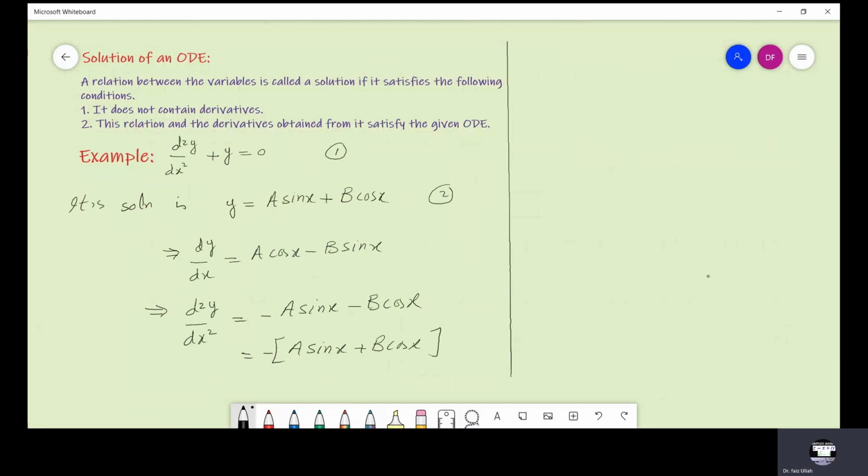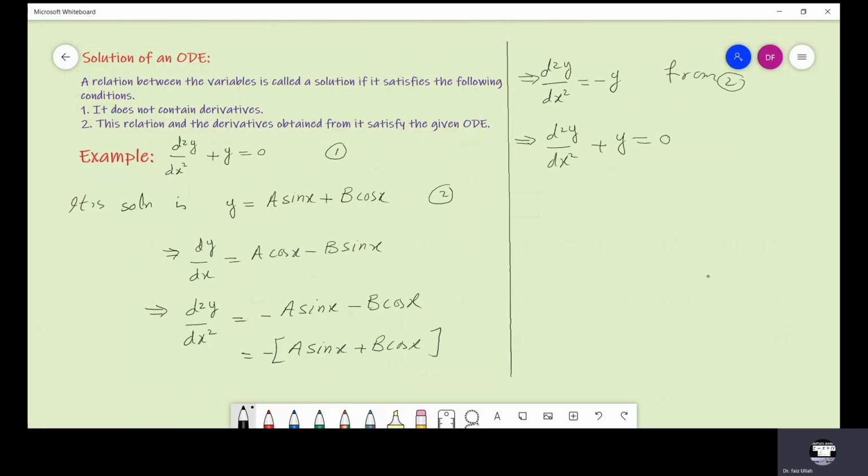Now from 2 we can see that a sin x plus b cos x is equal to y. So therefore we can get d square y over dx square is equal to minus y from 2. Now if we simplify this, we have d square y over dx square plus y is equal to 0.